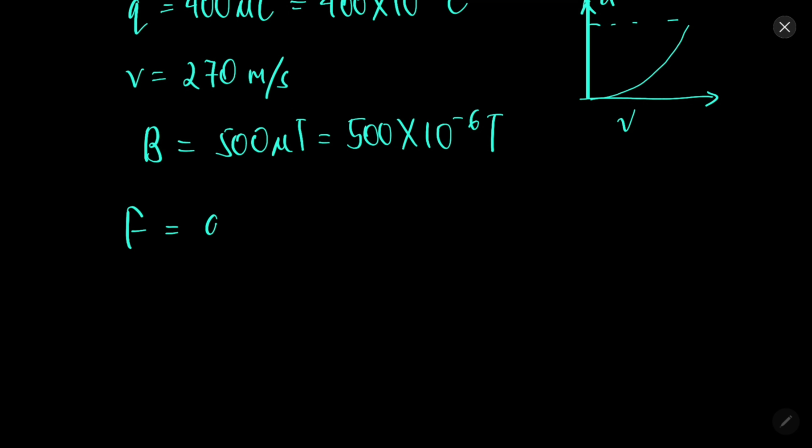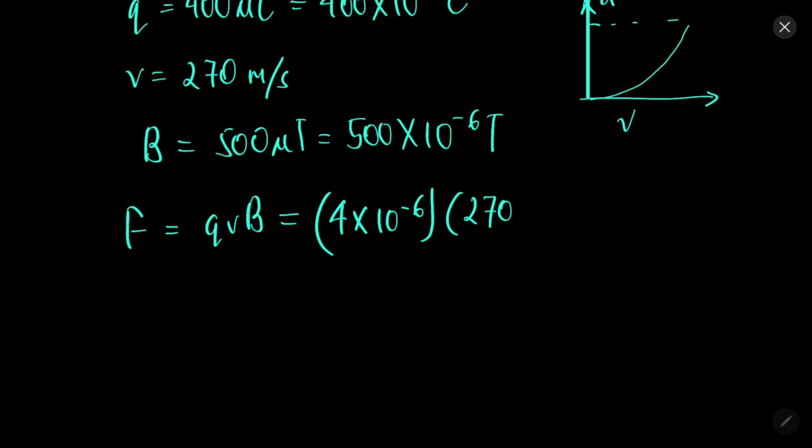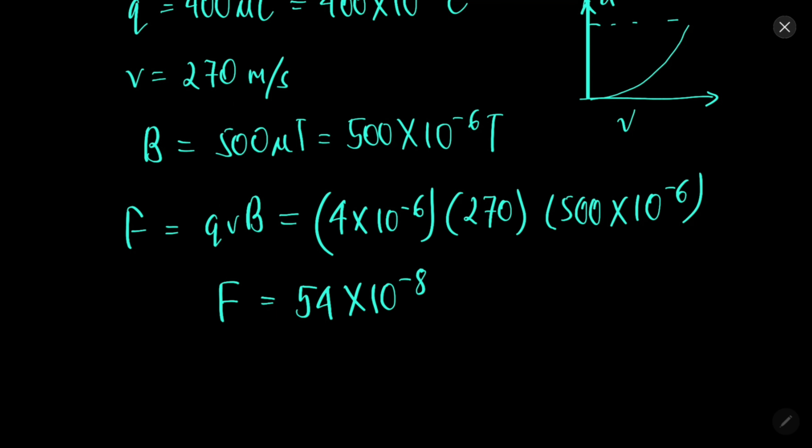So force on the particle is QVB, 4 into 10 to the power minus 6 into 270 into 500 into 10 to the power minus 6. So force will come out to be 54 into 10 to the power minus 8.